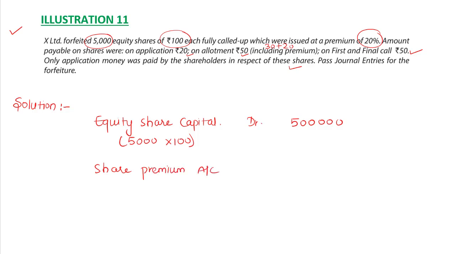The premium is 20, 5,000 multiplied by 20, 1 lakh. Over here you should understand one thing, that on this 5,000 multiplied by 20, the share premium or securities premium, the company has not received, so we need to cancel it, and that is why we are debiting it over here, because we credited securities premium account when we passed the allotment entry.